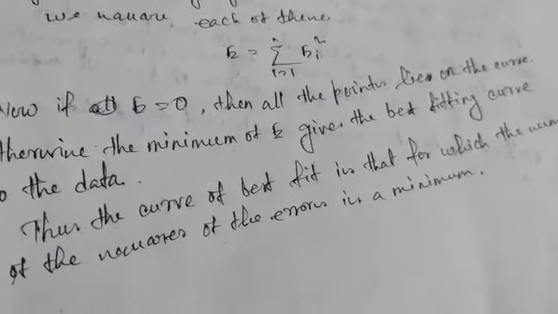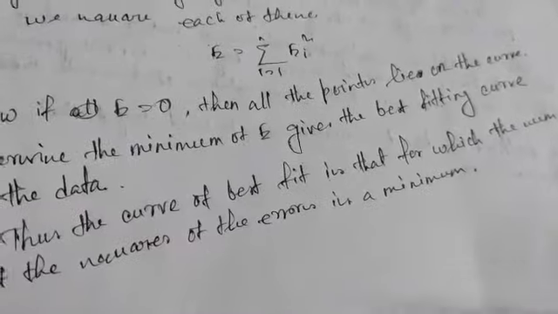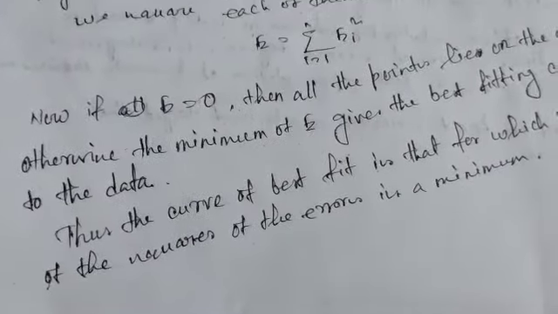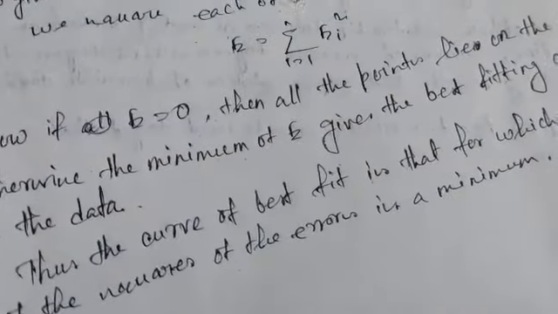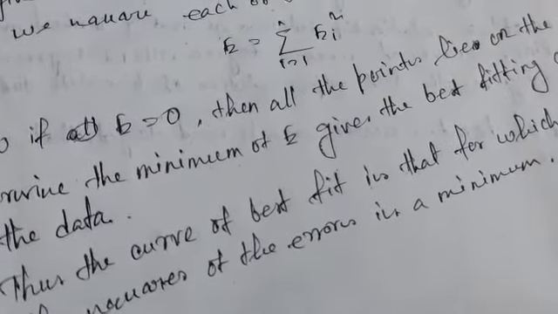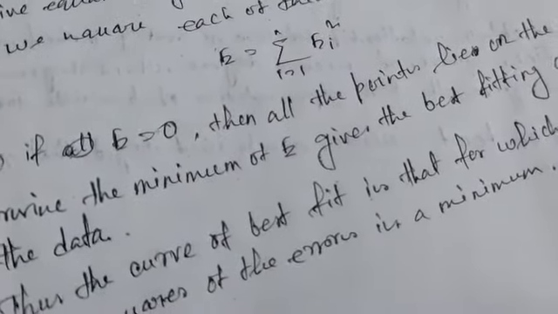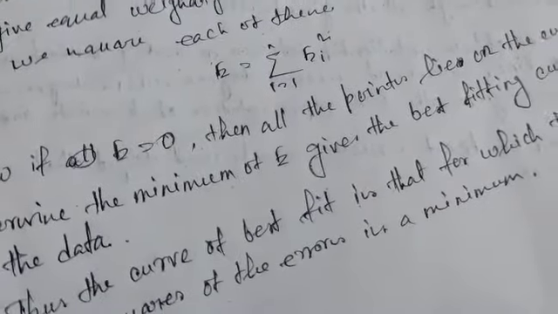We can find the best fit curve by using a straight line, second degree curve or third degree curve. First we will choose a straight line as the best fit curve. So how can we obtain that straight line? Let us consider that the best fit curve is of the form of a straight line y is equal to a plus bx.